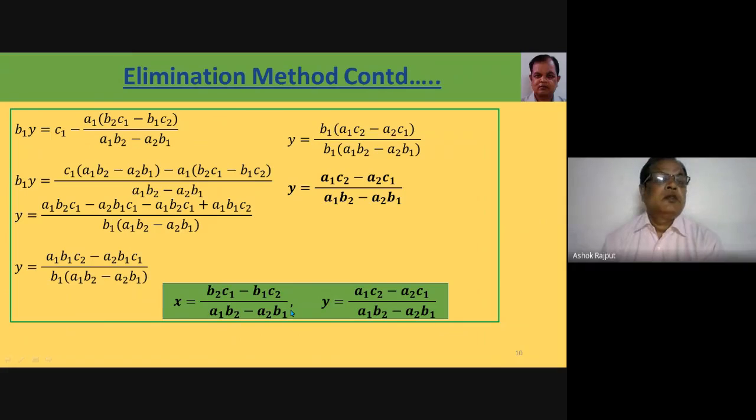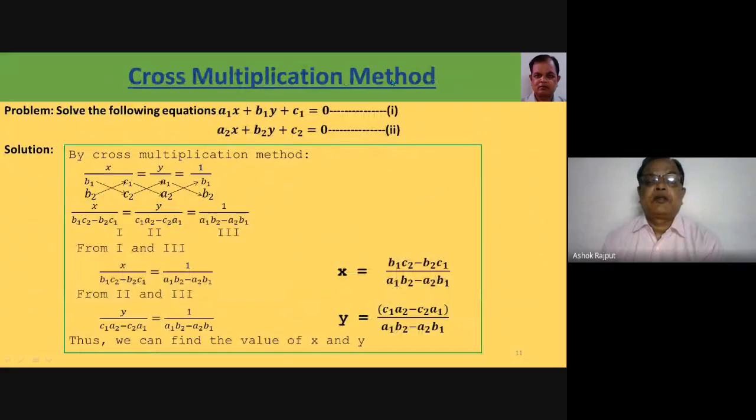It is the cross multiplication method. It is a very important method because we can solve any equation using these two methods, and in short, it is a time saving method.